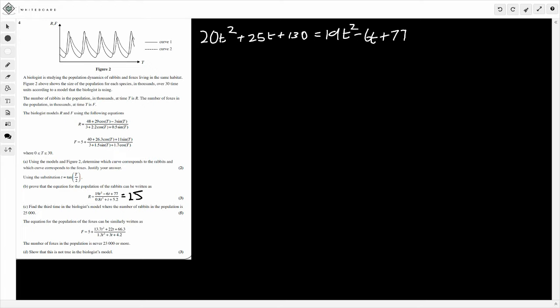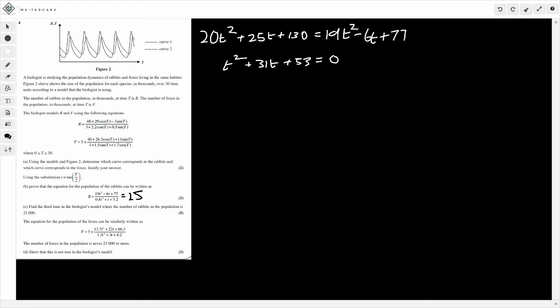Now we need to simplify this and see what we get left with. So we're going to get left with 20 minus 19, so it's going to be t squared. Simplifying the 25t, so add 6, it's going to be plus 31t. And then 130 minus 77, so that's going to give me plus 53. And this is equal to 0 now. So now we have a quadratic. Let's solve it from here and see what we get. There's a couple of ways you can do it.